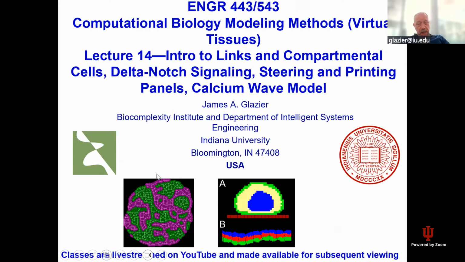All right, let me put it this way. I do have a movie of it, but it's not in this slide deck. If you start with a round aggregate like this, what you'll see is that it will stretch in the vertical direction and contract in the horizontal direction. Essentially, each cell is going to send out pull connections to its neighbors to the left and to the right.